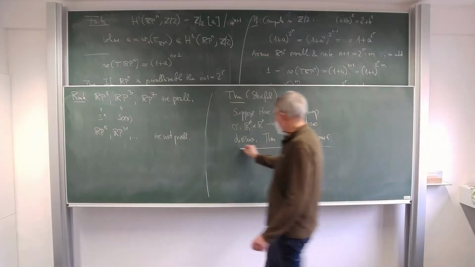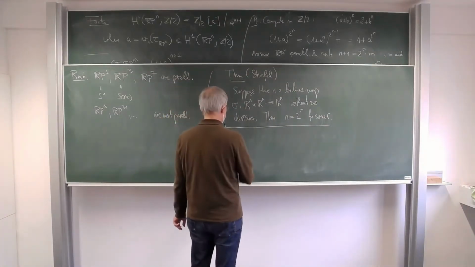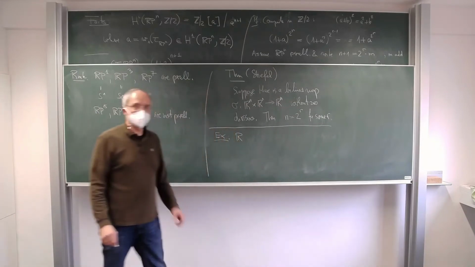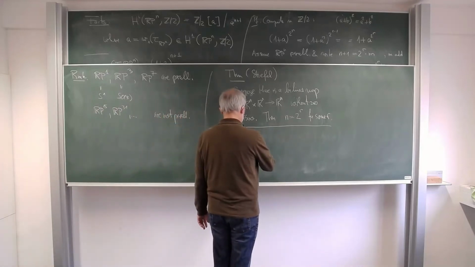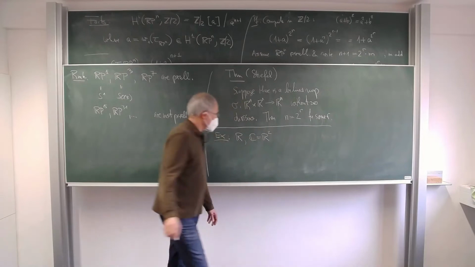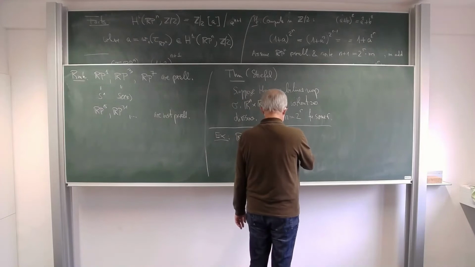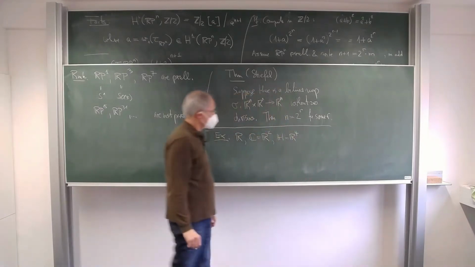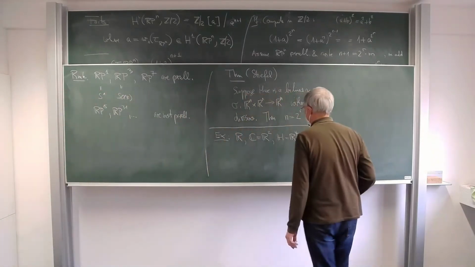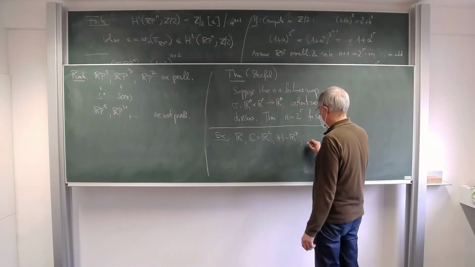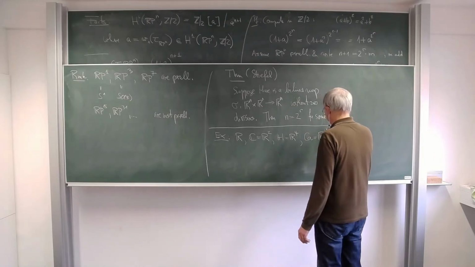In fact, the examples that we have in mind are, well, R itself, where you just take the usual multiplication, then complex numbers, which is R2, where you take complex multiplication, then quaternions on R4, where you take the quaternion multiplication, and the Cayley numbers, or octonions on R8.